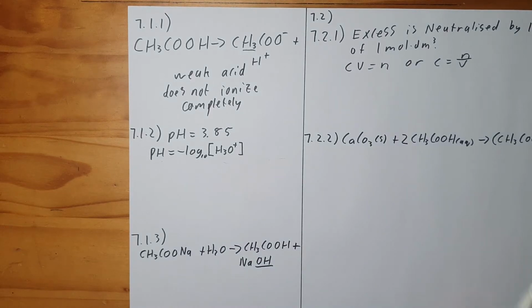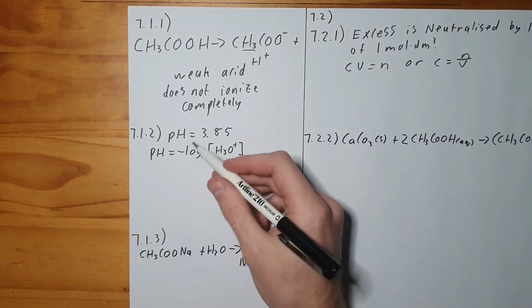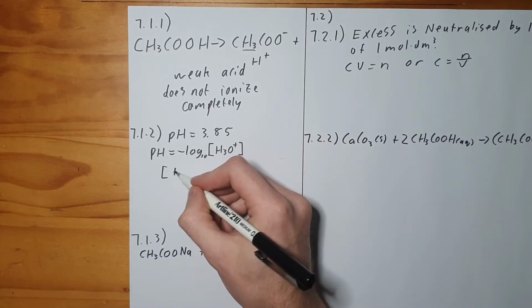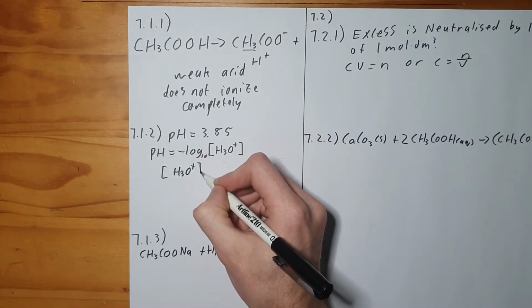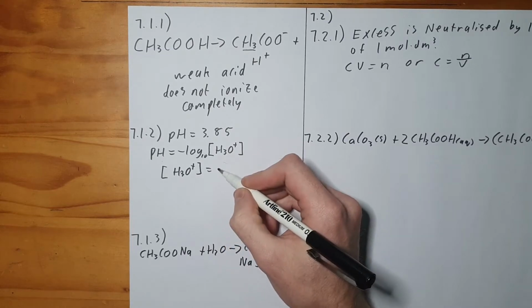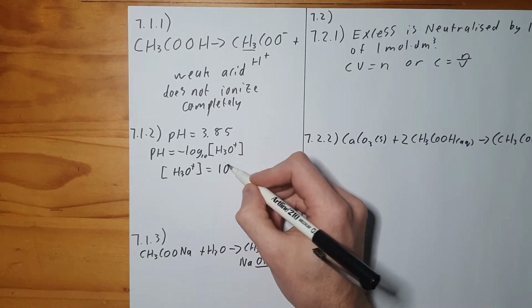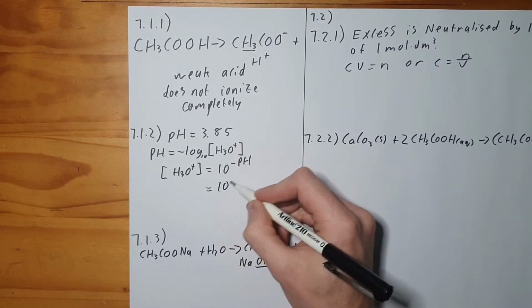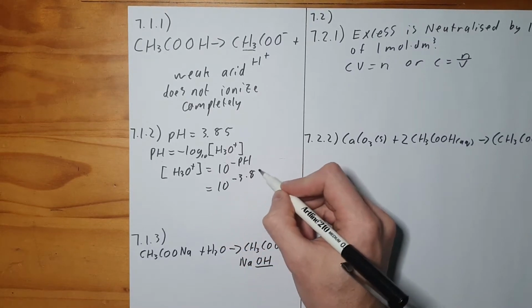To get rid of the log and get the concentration, we can rewrite it as the concentration of H3O+ is equal to 10 to the negative pH. We have the pH, so it's 10 to the negative 3.85.